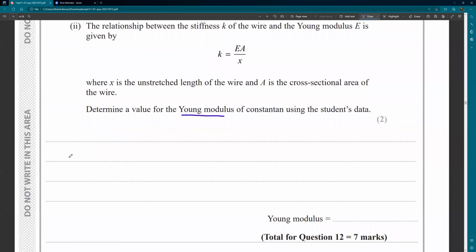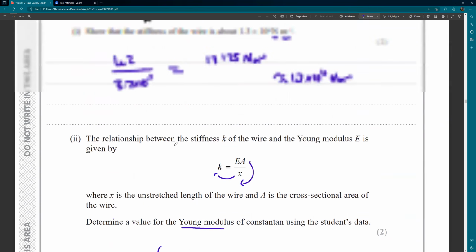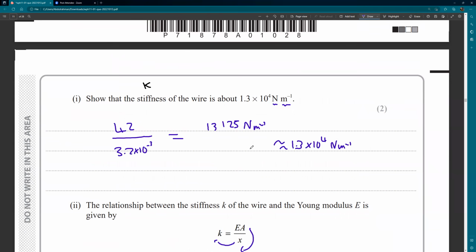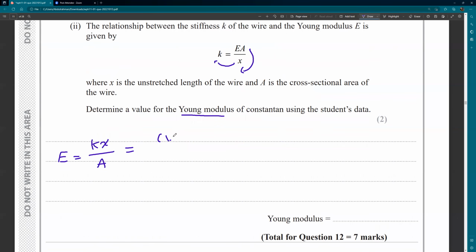So let's first of all rearrange the equation. E is equal to Kx, I took the x to the other side, and then I divided by A. So Kx over the area. We know what the spring constant is. K is 1.3125 times 10 to the 4. Never use rounded values until the very end.